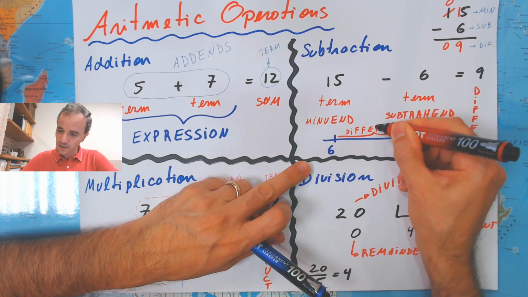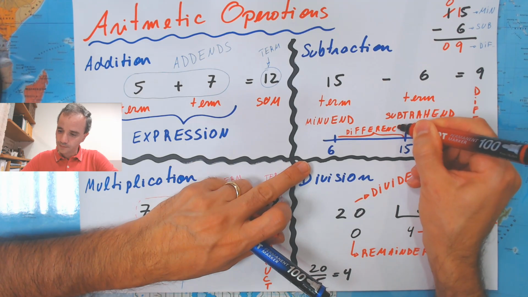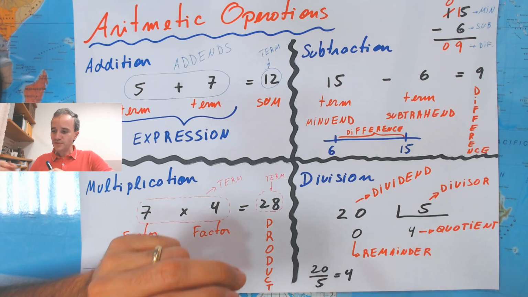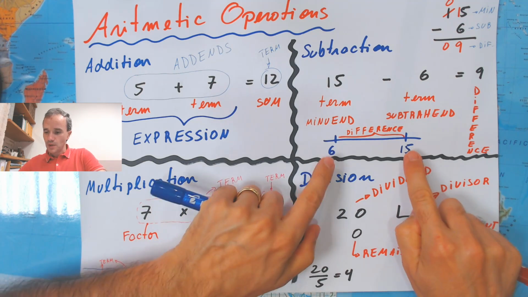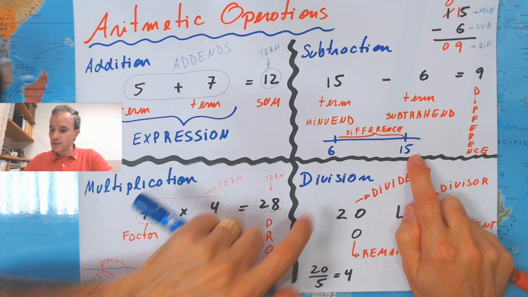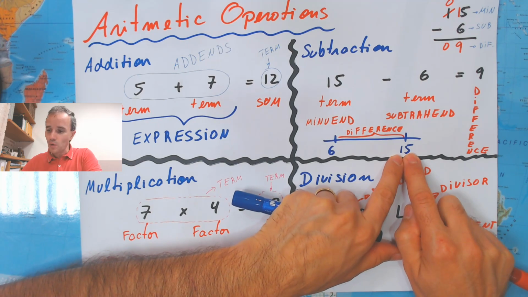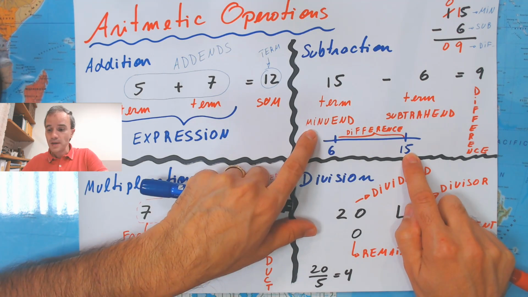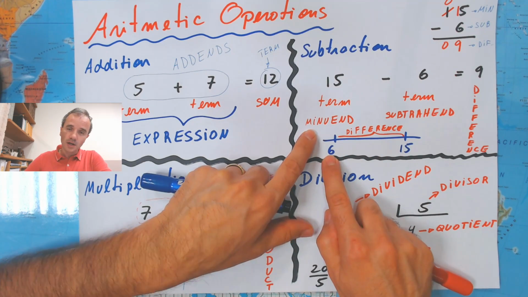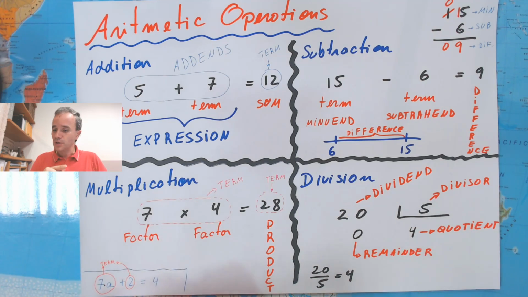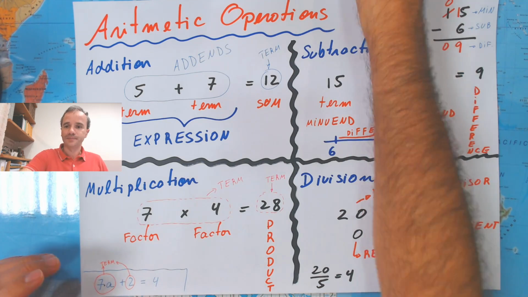The difference. Okay, so the difference is how far they are apart. So the farther one is going to be the minuend. The closest one to the 0 is going to be the subtrahend.